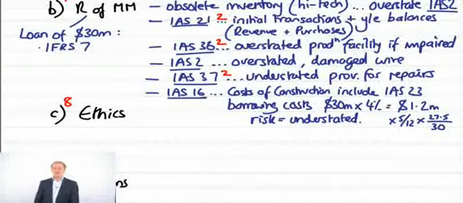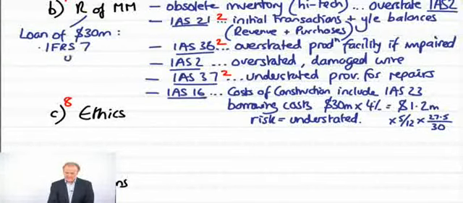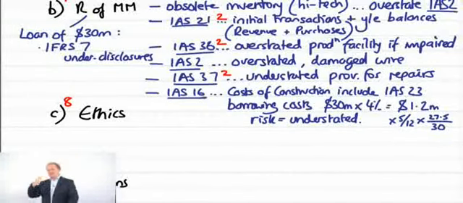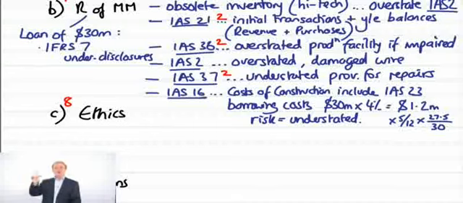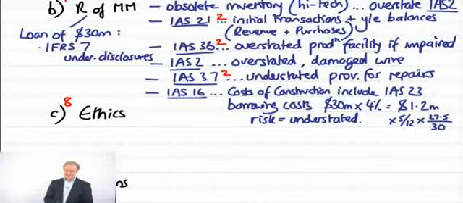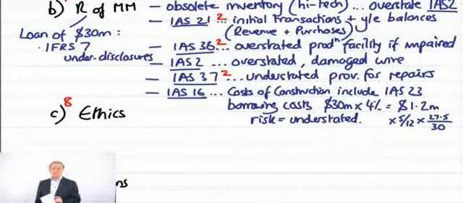It's now IFRS 7, got to keep up to date with the rules. The risk here is under disclosure, because IFRS 7 is the one that says financial instruments, lots of disclosures. Loans are financial instruments. So there's a risk of under disclosure of the terms of the loan.